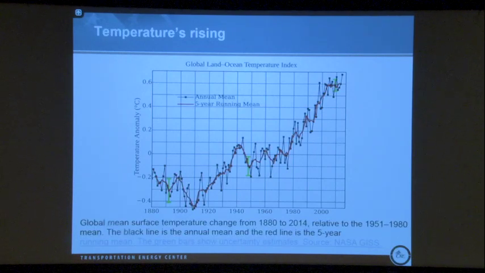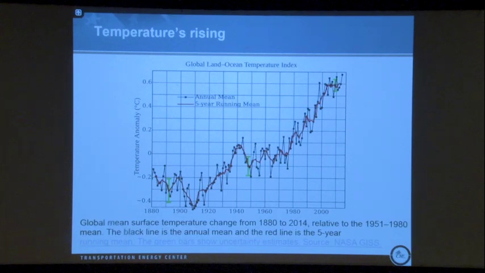We also know that burning petroleum and some of these combustion fuels contributes to the anthropogenic generation of CO2, and that's causing the temperature to go up over time. This is plotting the temperature anomaly over several decades.